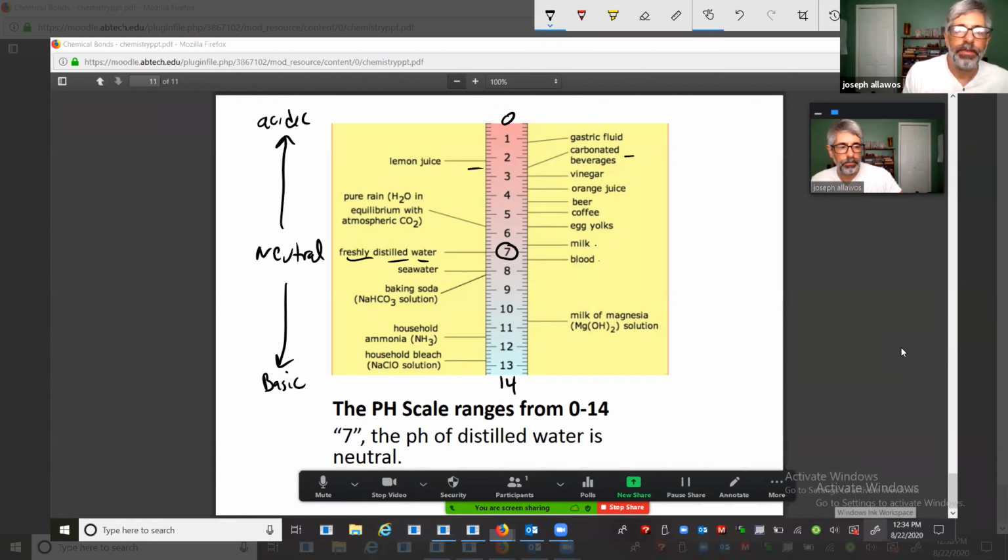I'd like to point out that the most acidic rainfall ever recorded was recorded on Mount Mitchell, which is not far from here. If you go on the Parkway north, you get to Mount Mitchell. It was about a 2.5, which is almost the acidity of lemon juice.